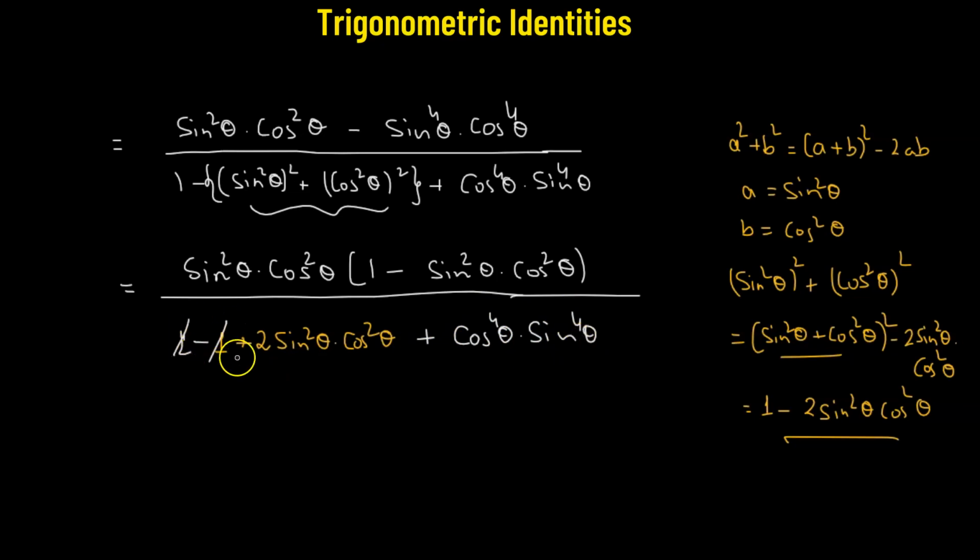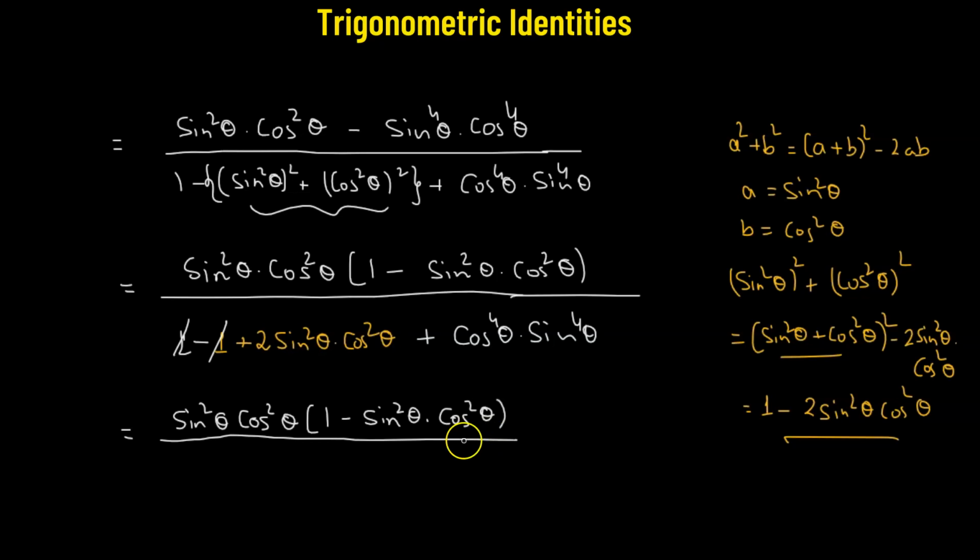So the 1 and 1 get cancelled out, and then this is going to give us sine squared theta multiplied to cosine squared theta, whole multiplied to 1 minus sine squared theta times cosine squared theta, whole divided by, we're going to take sine squared theta, cosine squared theta as the common factor from the two terms. So we have sine squared theta times cosine squared theta, whole multiplied to 2 plus sine squared theta times cosine squared theta.